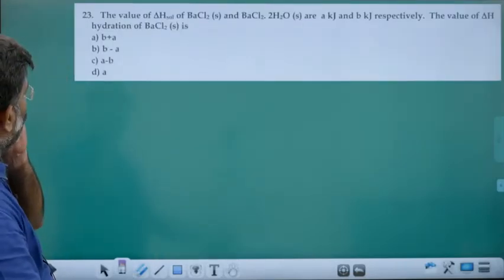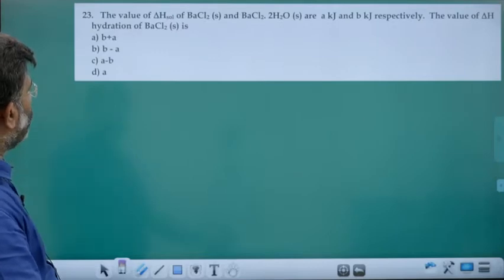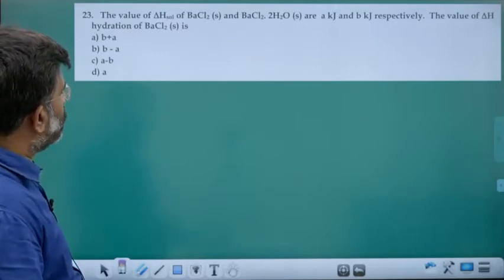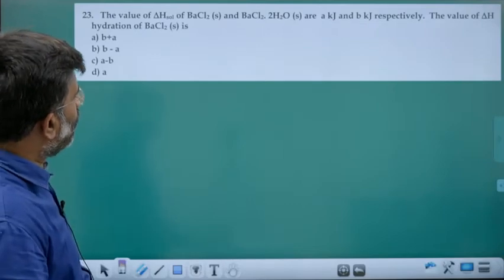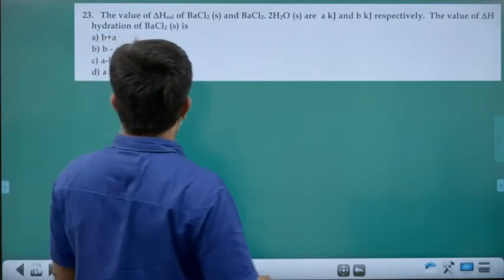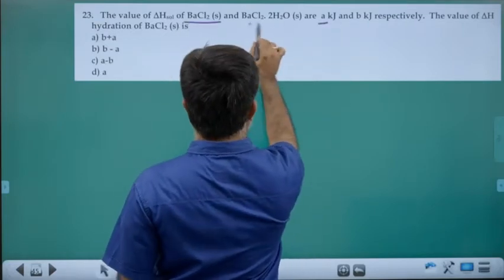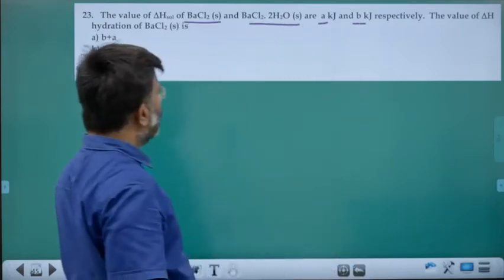The value of delta H solution of barium chloride solid and barium chloride 2 hydrate solid are A and B, given. So value of delta H solution of this and this given as A and B. What to find out?